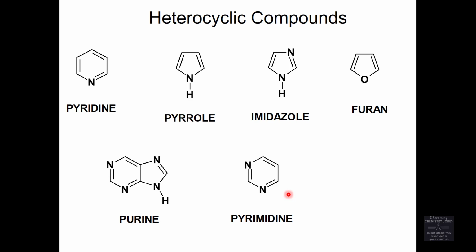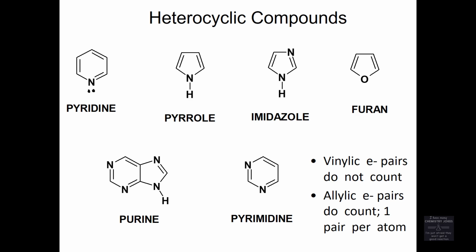What the heck are heterocycles? Heterocycles means a ring that has something other than carbon in it. So pyridine, we've seen him a lot recently. He's an aromatic heterocycle. Let's talk about why. In all of these aromatic heterocycles, you have to consider whether the lone pair on the heteroatom is vinyl or allylic.